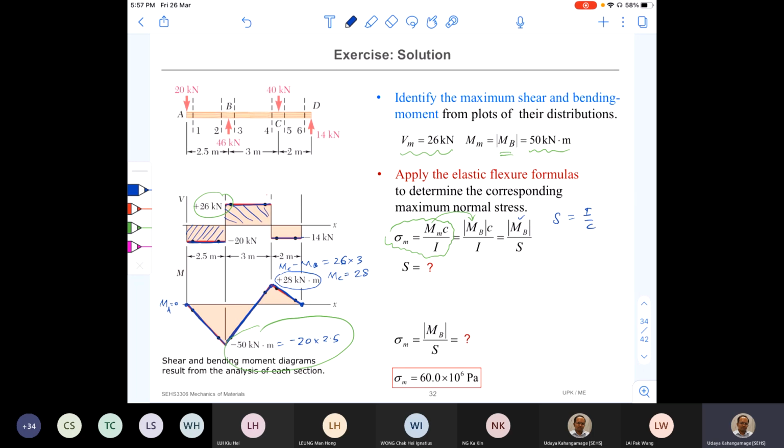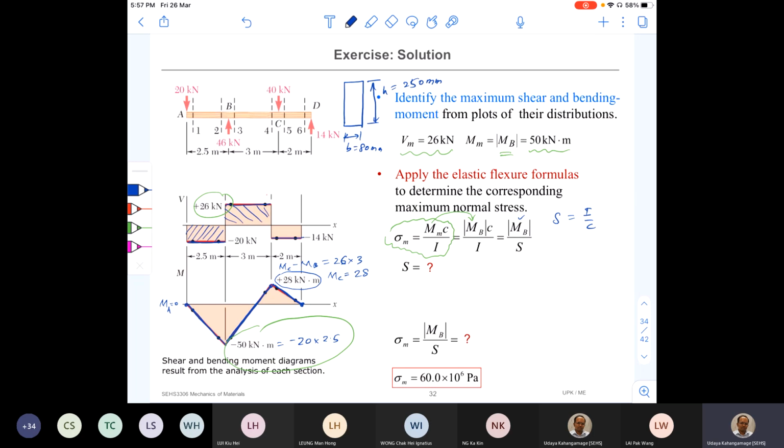Here the cross section is given as a square or rectangular section like this, and its width B is given as 80 millimeters, and the height H is given as 250 millimeters.